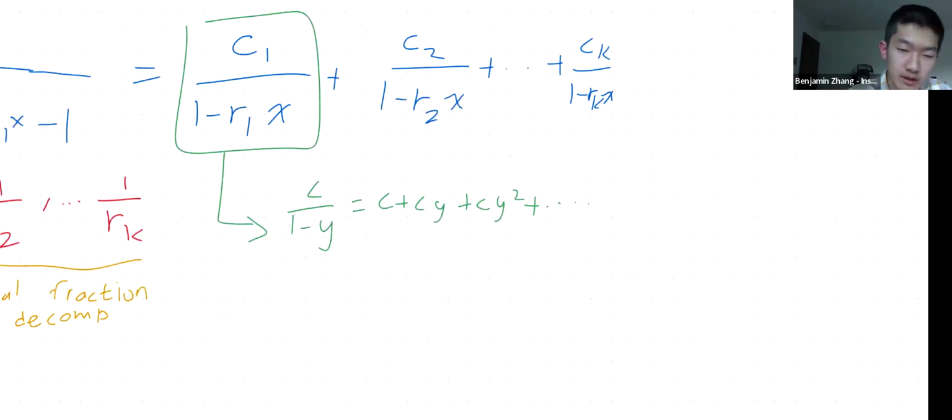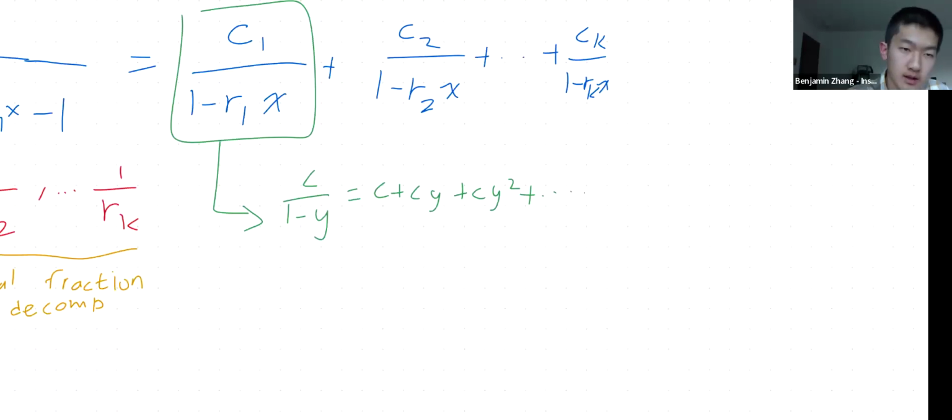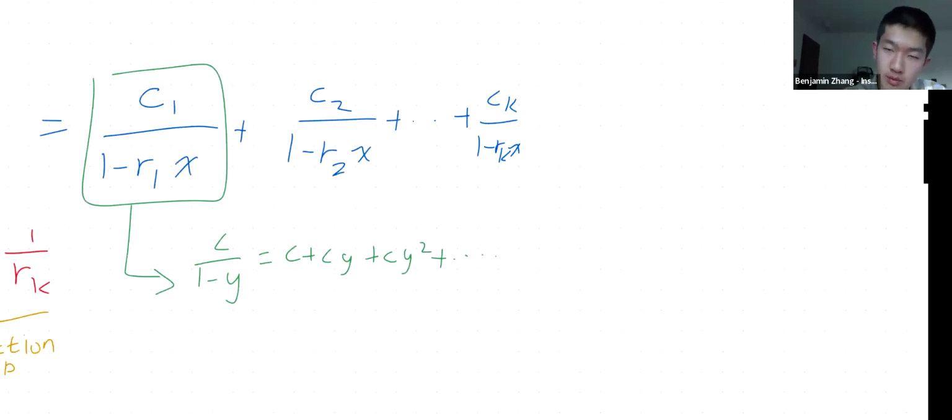That means that once we group the terms together, we can write this entire thing in such a form: C1 plus C2 plus C3 plus dot dot dot plus CK.